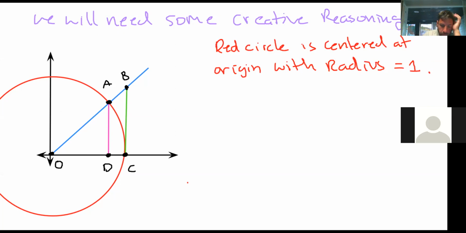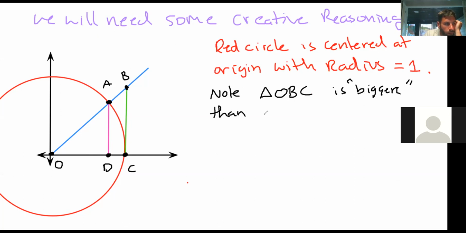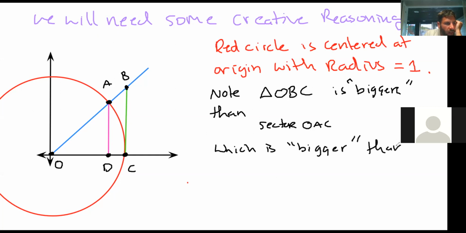Well, there are a few shapes, but note that triangle OBC is bigger than sector OAC, which is bigger than triangle OAD.